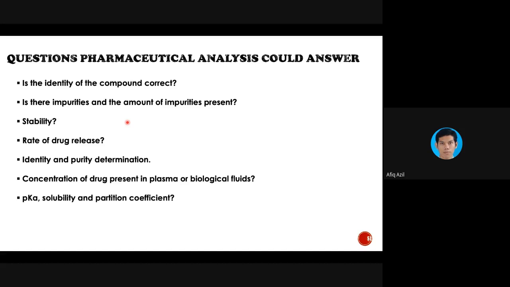So after maybe 18 months, when you do the test, you notice that the value has become less than maybe 80%. The assay result obtained is 75% purity. So that is the only active ingredient that is present in the tablet after 18 months.